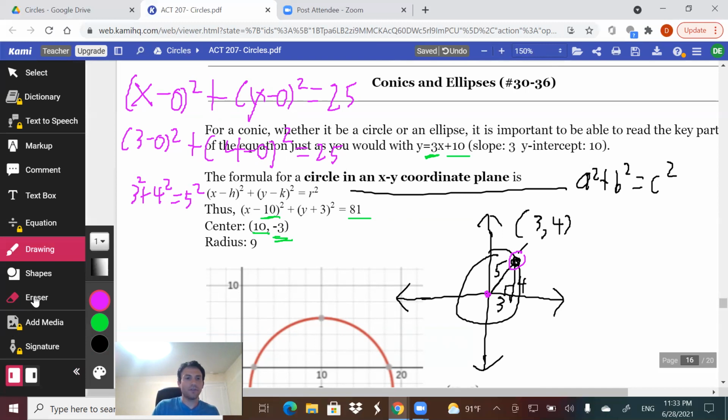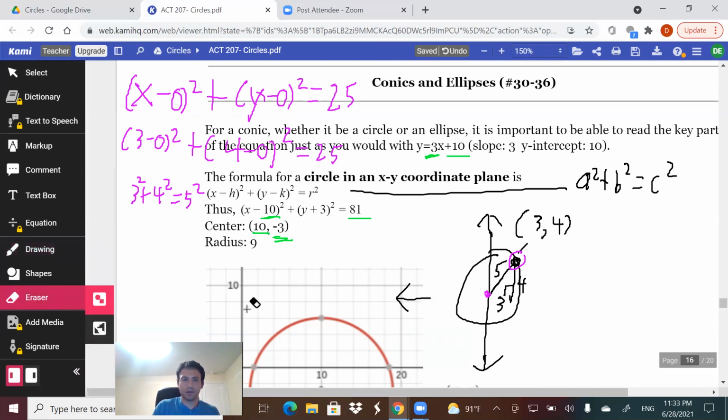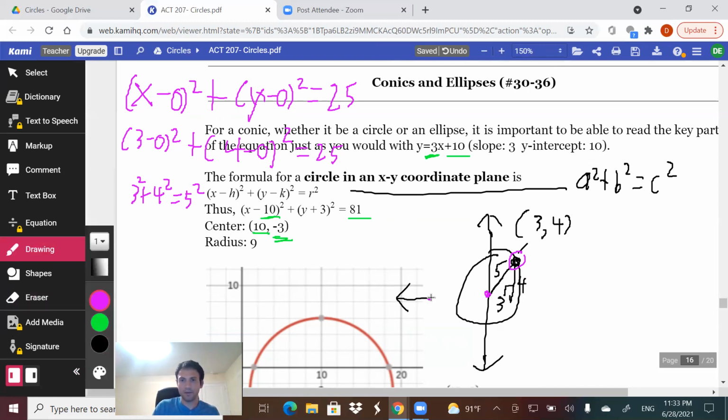And the interesting thing is if I were to take this same exact circle that we made, and I were just to move it all the way out to here. So same exact circle. I'm going to move it to here. Still a 3, 4, 5. But I'm going to put the center now at, just going to say the center is 20, 0.